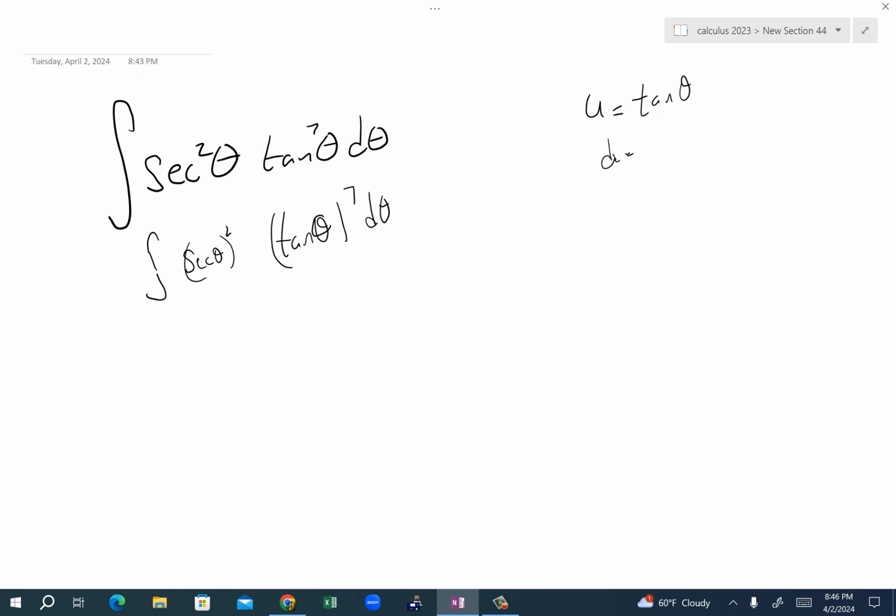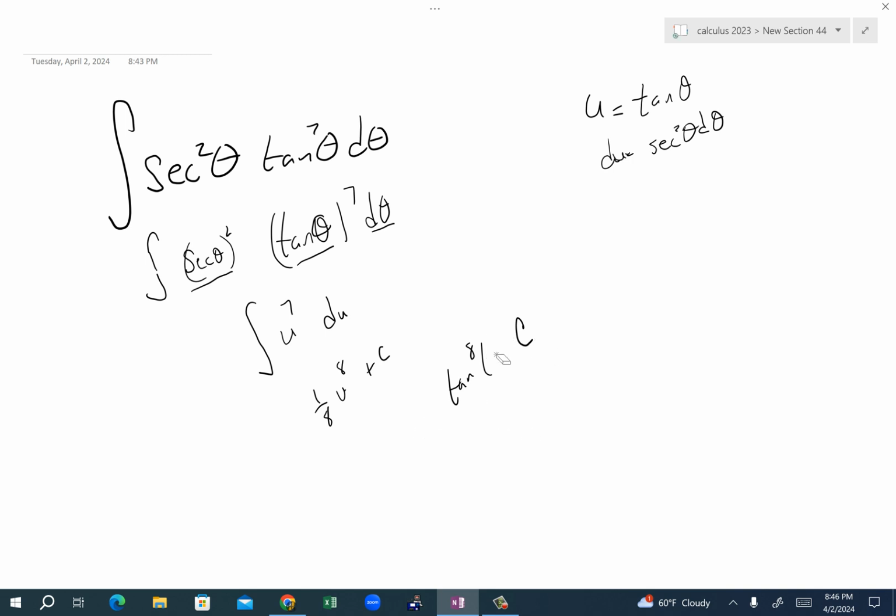Because du is secant squared theta d theta. That right there is du. And this becomes u to the 7th power. And so I get 1/8 u to the 8th power plus c. Or in other words, 1/8 tan to the 8th of theta plus c.